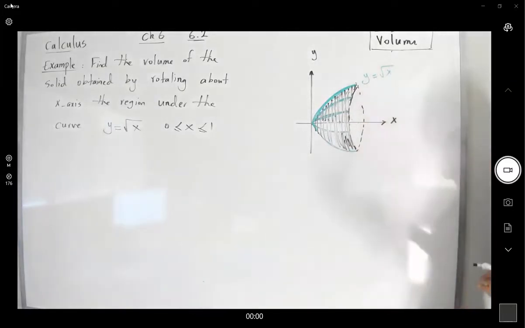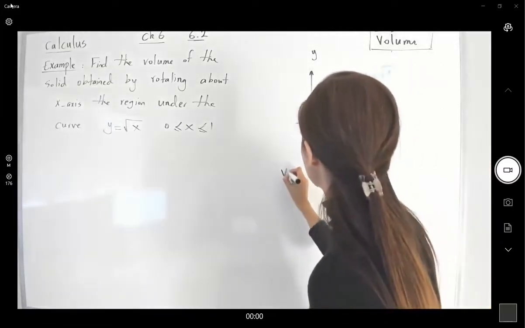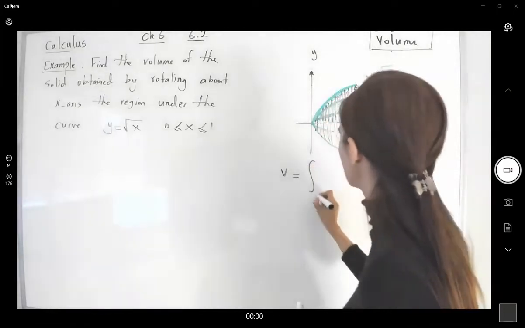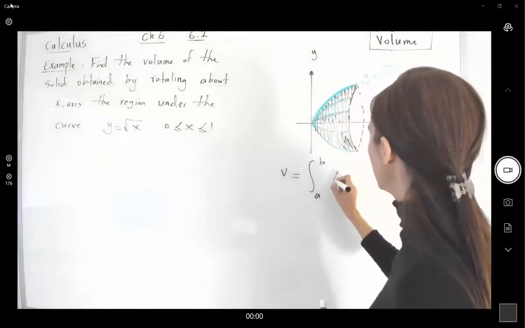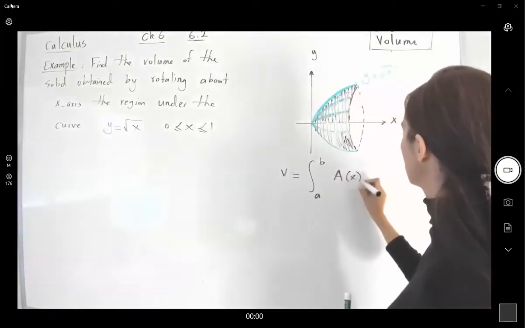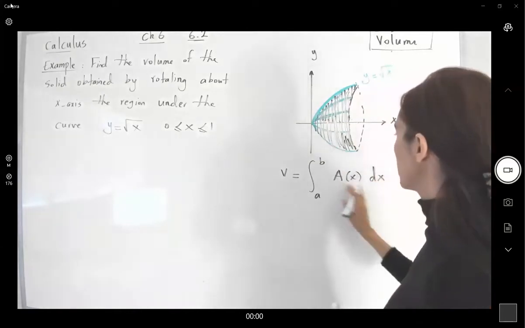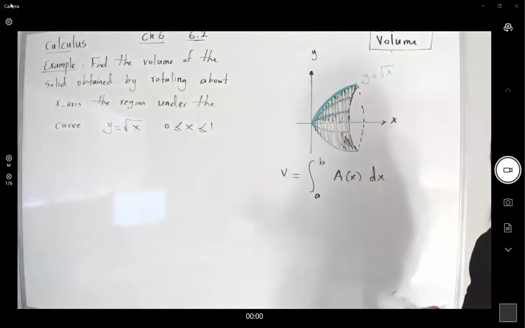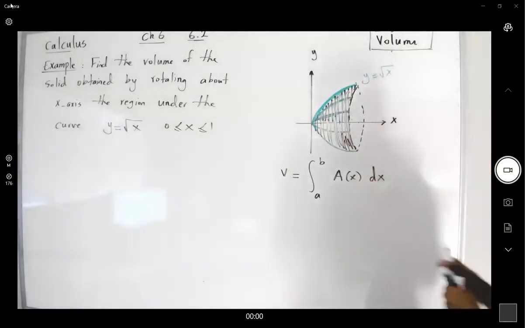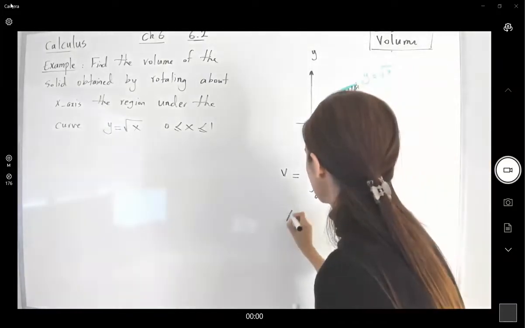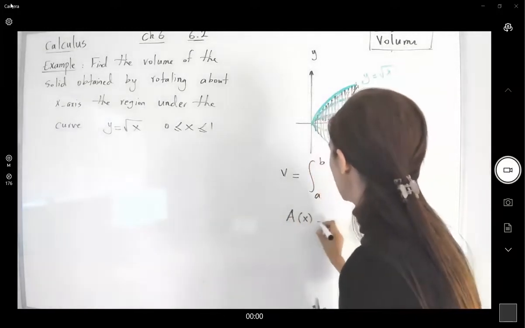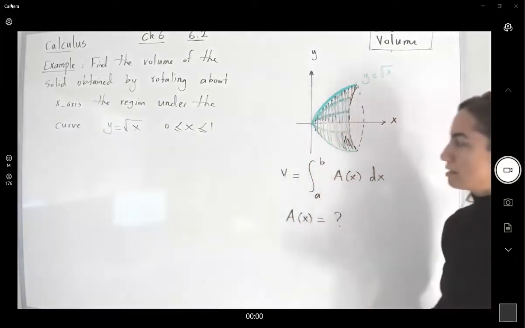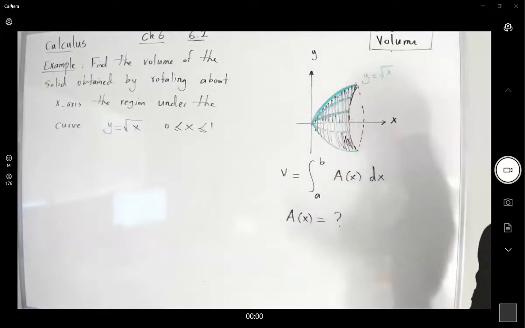We all know that the volume is equal to the integral from a to b of A of x dx. But what is A of x? A of x is the cross-section of this object. If we can formulate A of x, then the rest is easy. But how do we find A of x?